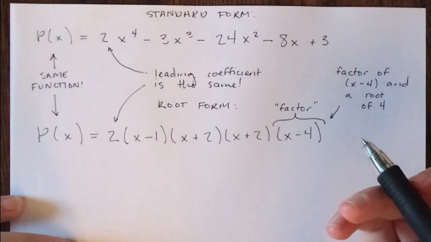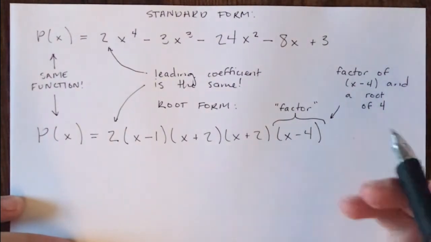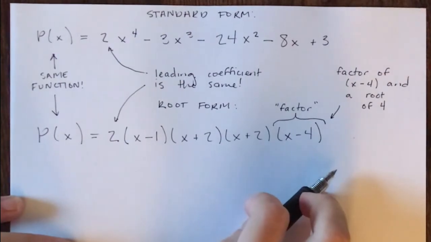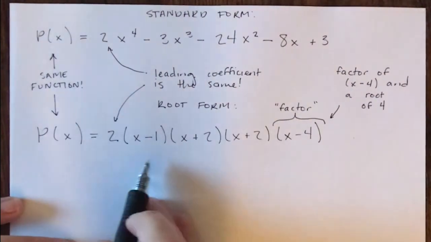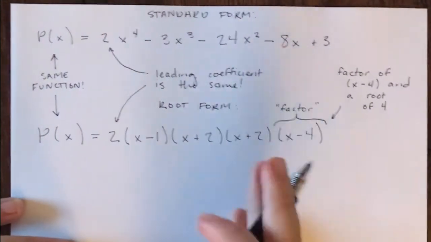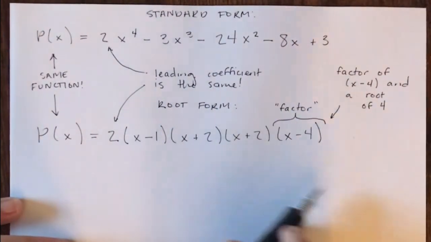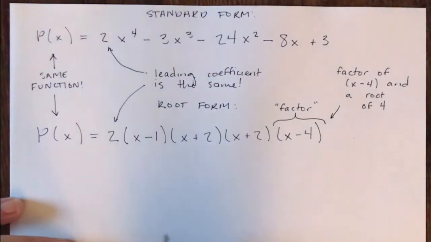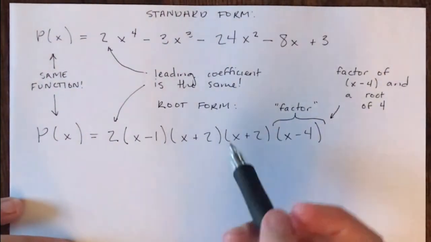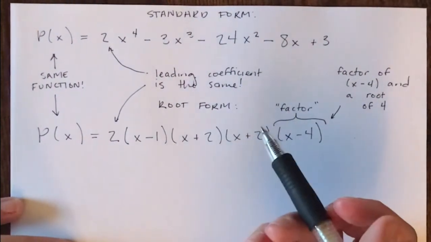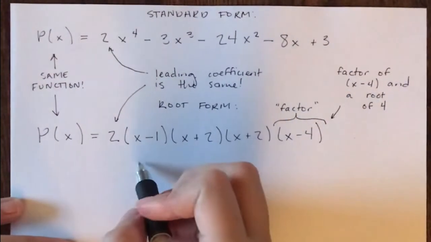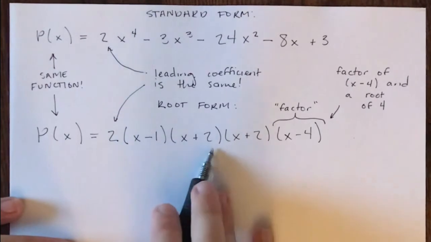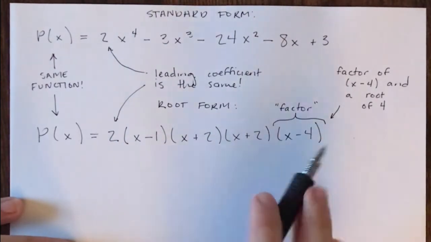So how can we see that these are roots? Remember, our definition of root is where the function is equal to 0. We've looked at this with quadratics a bunch, right? Whenever we're trying to solve for 0 in a quadratic, we split it up, because we know if one of the two factors is equal to 0, then the whole thing will be equal to 0. We want to use the same technique here. So we want to figure out where each of these factors is equal to 0.